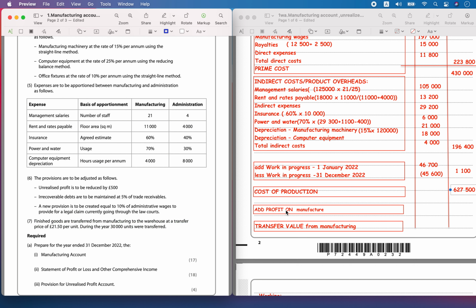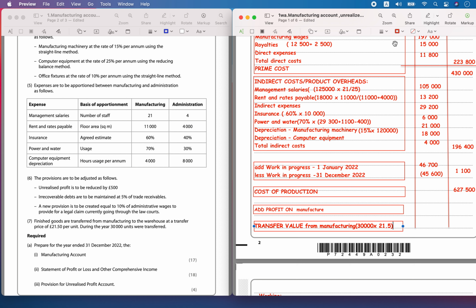During the year 30,000 units were transferred. So instead of giving the manufacturing profit to add, they have given the transfer value itself. So 30,000 units have been transferred at the rate of 21.5 pounds.